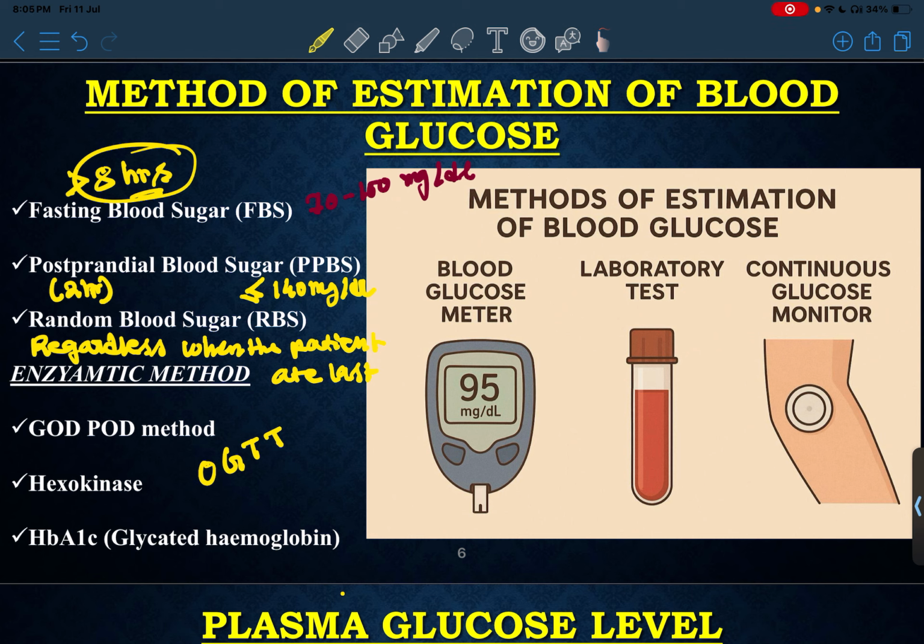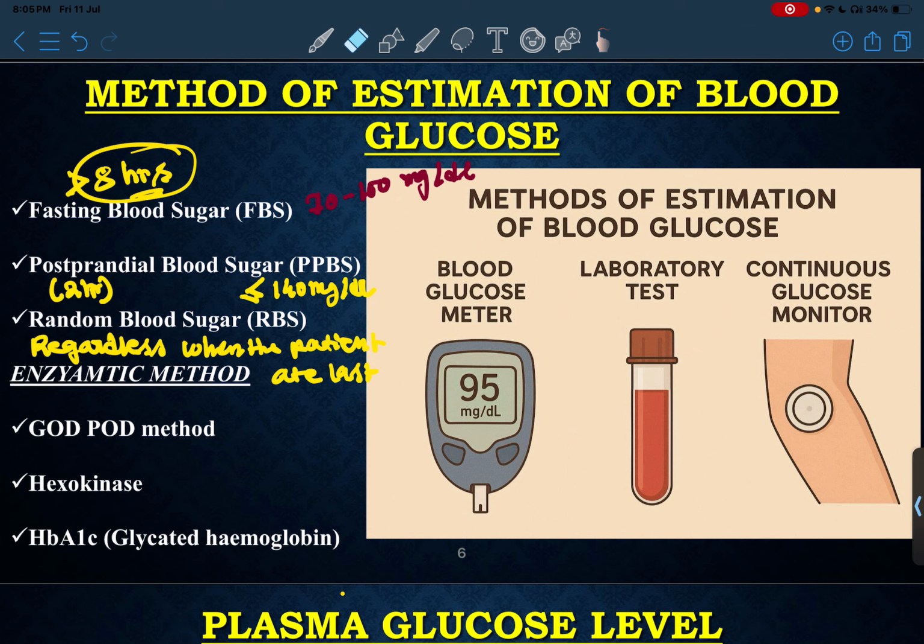There are some enzymatic methods also, that is called the GOD-POD method. We will discuss the GOD-POD method briefly. GOD-POD stands for glucose oxidase and peroxidase. In this method, glucose is oxidized and it produces gluconic acid and hydrogen peroxide.